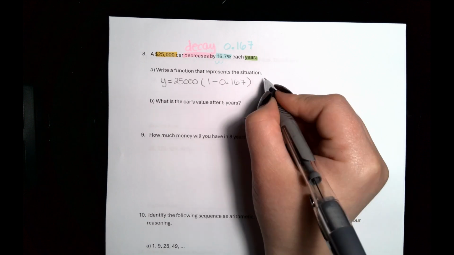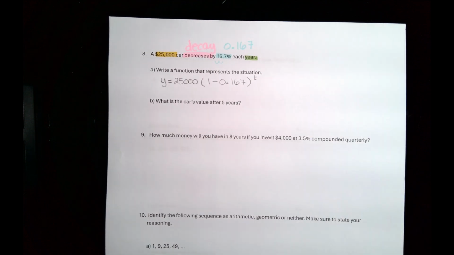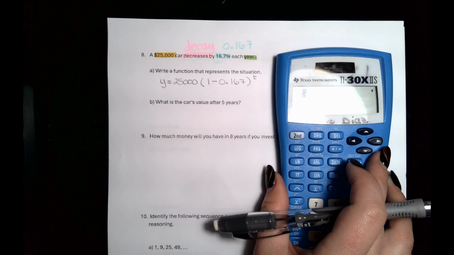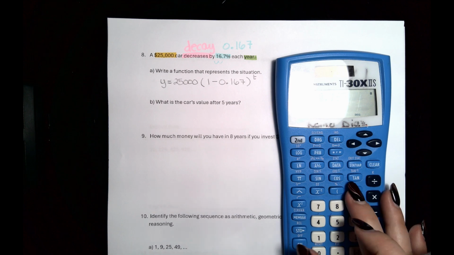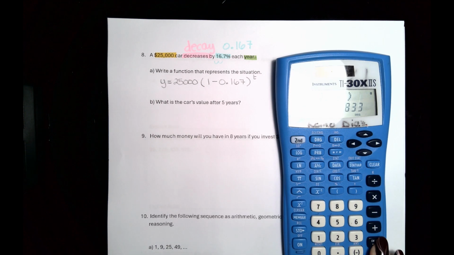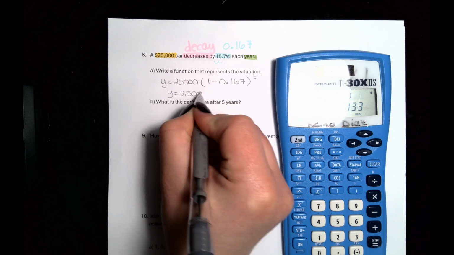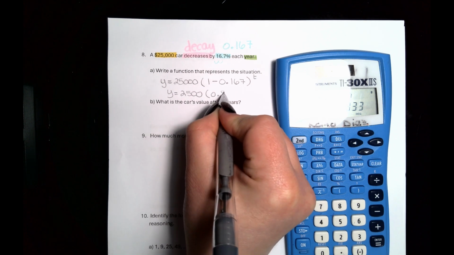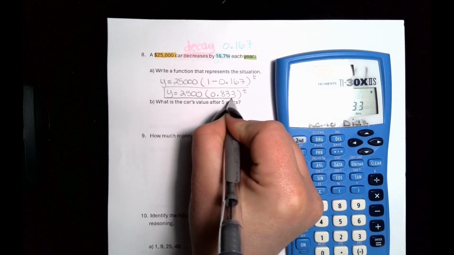And it doesn't tell us if they want it in terms of x, so we're going to keep it in terms of t. Again, most of you left this type of answer on your quiz, which I did accept, but on the test, make sure that you simplify this equation by just subtracting what's on the inside. So you have y equals 25,000 times 0.833 to the power of t. If you put x, that's okay. I don't mind.